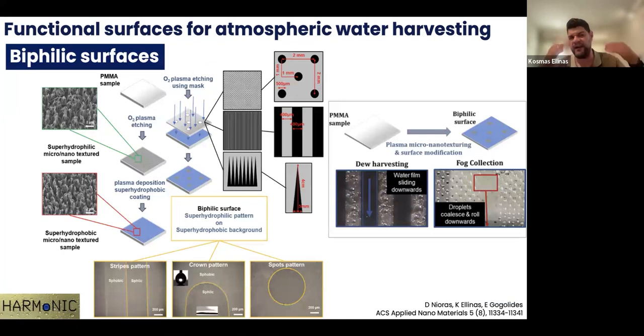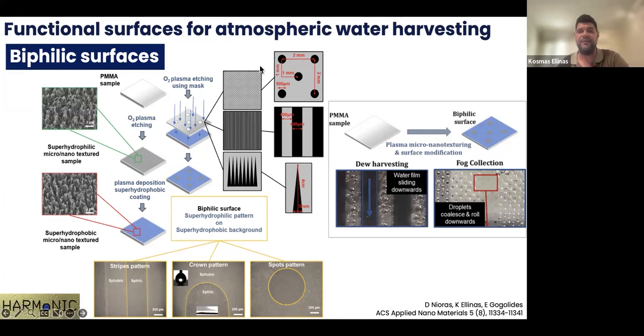This can be further improved if we try to, let's say, design better this kind of surfaces. So we have done some first work, and we are working on this on a new project on how to further optimize the collection efficiency of water existing in the atmosphere, either in dew or fog.